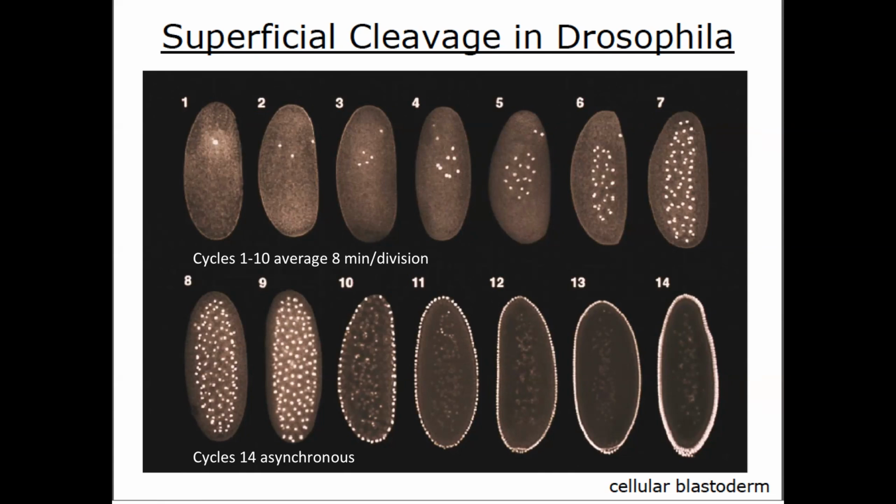Now, if you remove the maternal component, if you make the embryo maternally null, so the mom doesn't lay any Notch RNA, then those embryos don't even survive the early stages of embryogenesis.